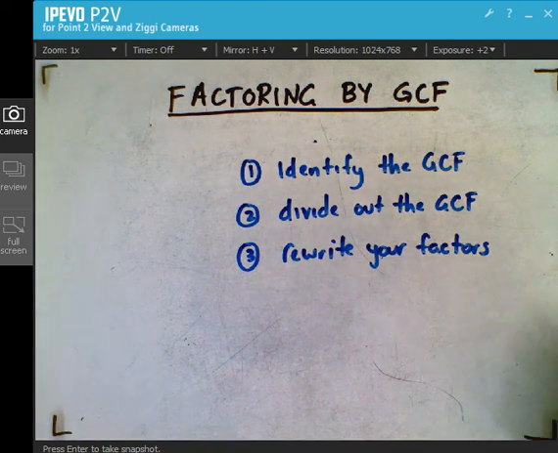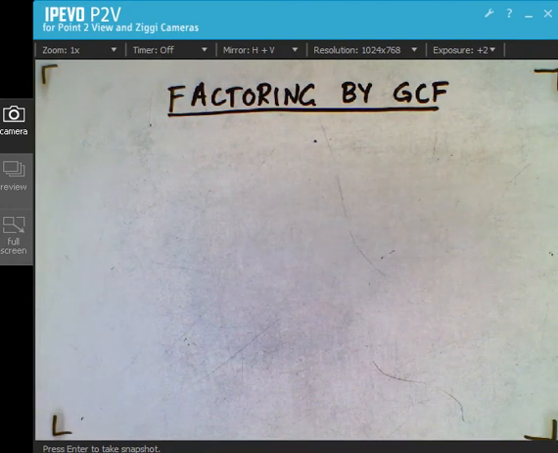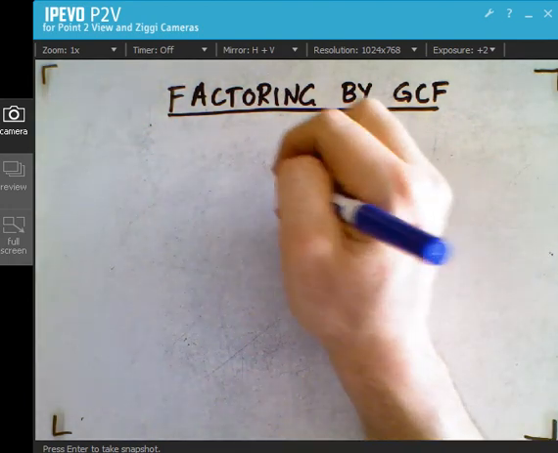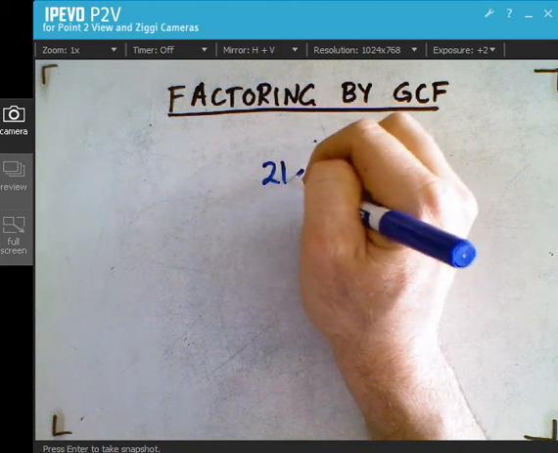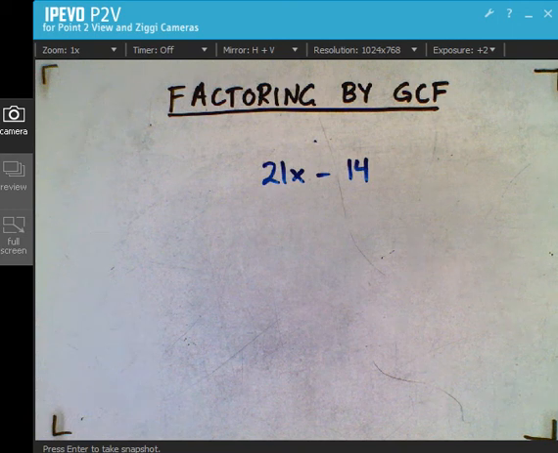So let's take an example problem. Let's factor 21x minus 14. So first I have to identify my greatest common factor.